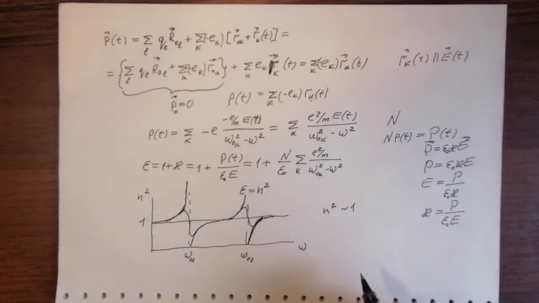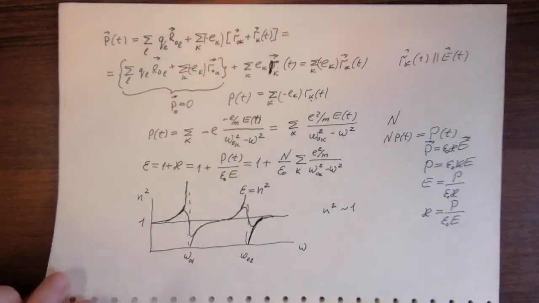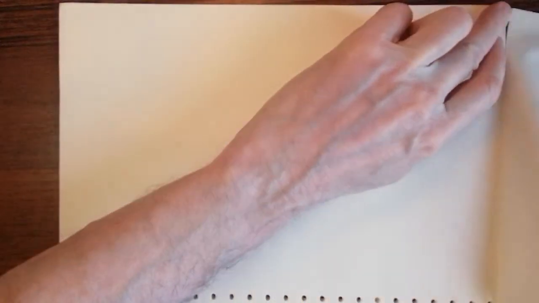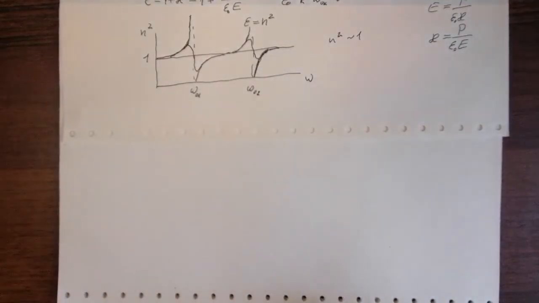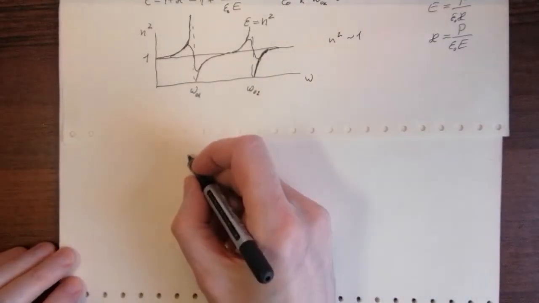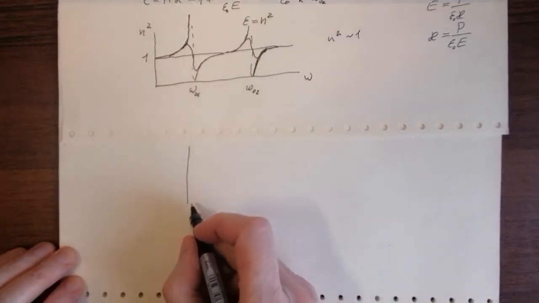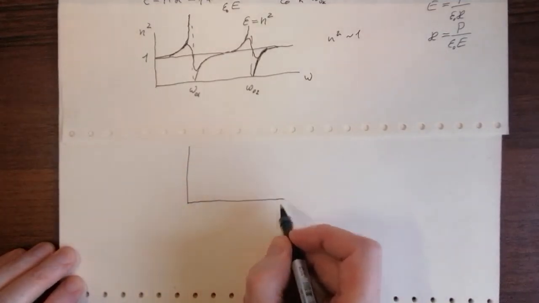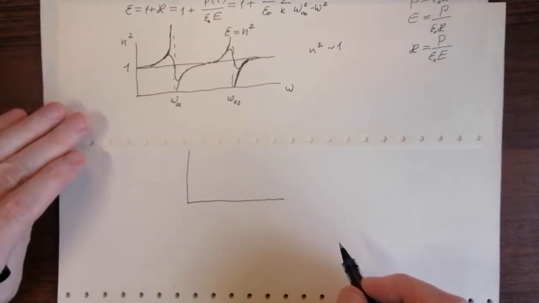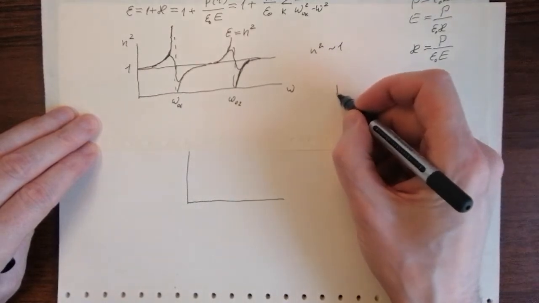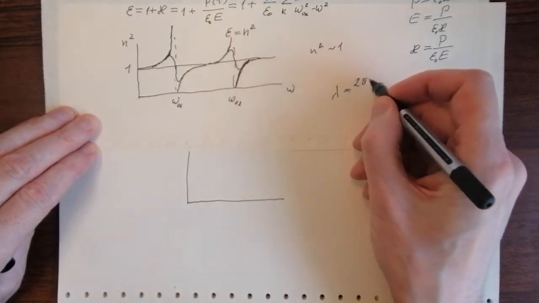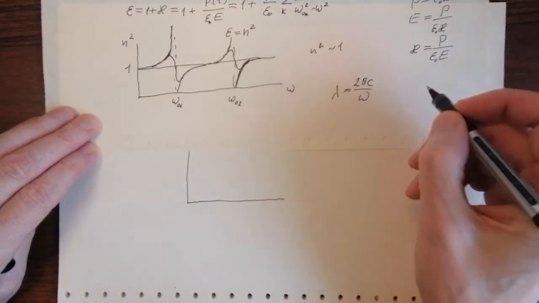So in this case, we can transform our graph to the case of lambdas. And if here it was for frequencies, it was this way, then for lambdas, what I mean that they are reciprocal, I mean that lambda is 2 pi c over omega.